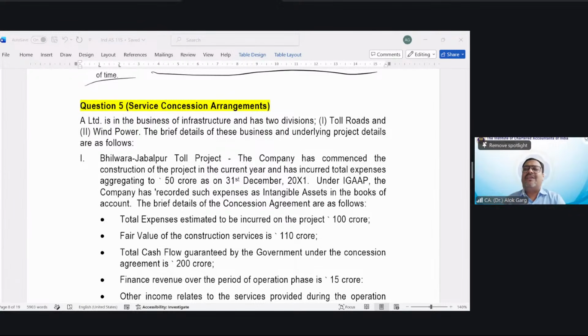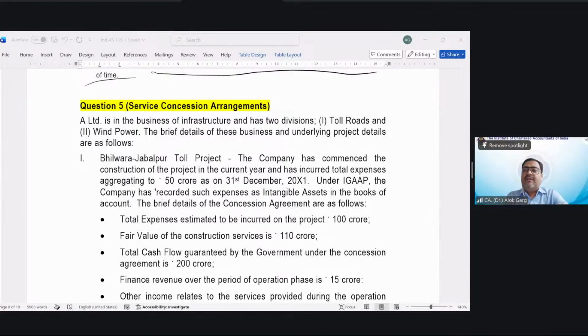Service concession arrangement is typically an arrangement between a government and a private party, or a government entity. For example, NHAI, National Highways Authority of India, is a government entity. They have given a contract of toll plaza.